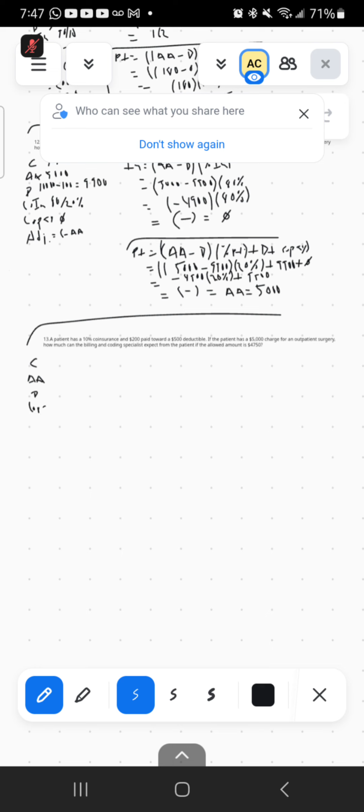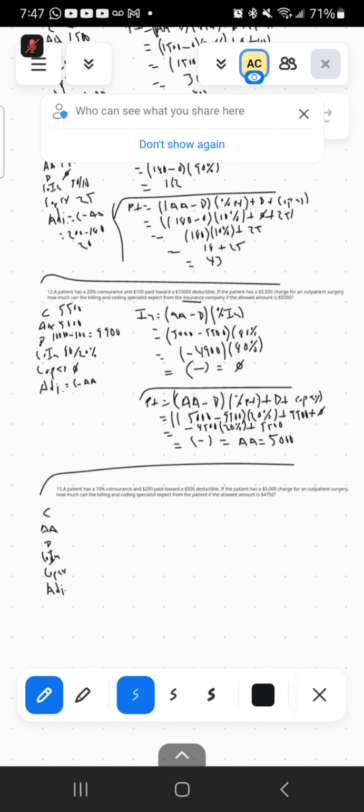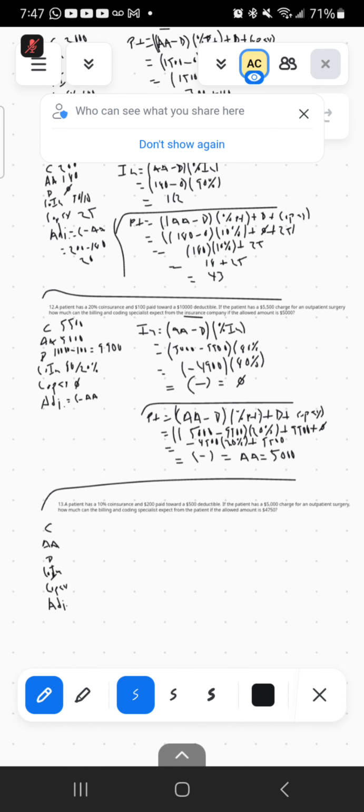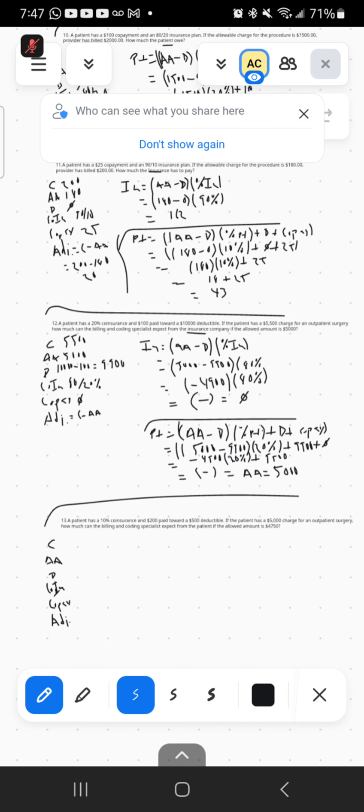Okay. I mean, co-insurance. Payments. And adjustment. Hey, did we calculate the adjustment? No, we did not. Let's go up. Did we forget? Yes, we did. This is the previous one. 5500. 500.